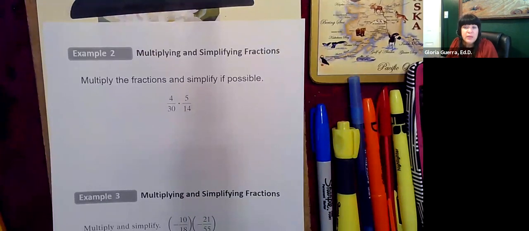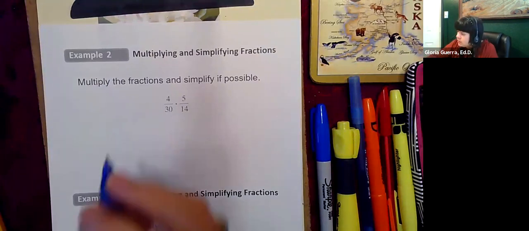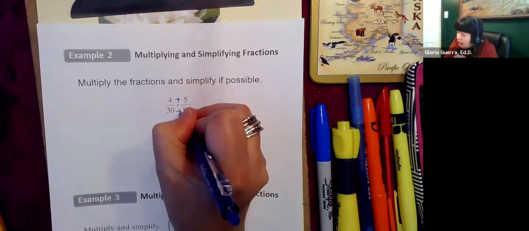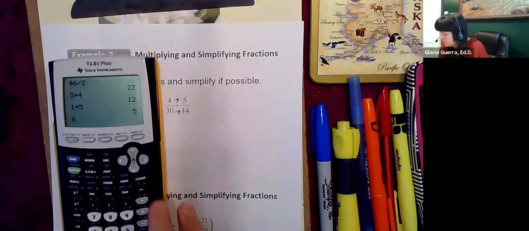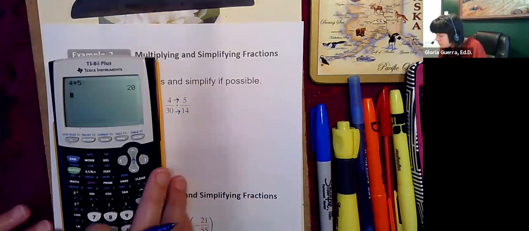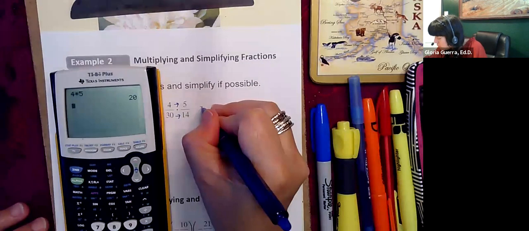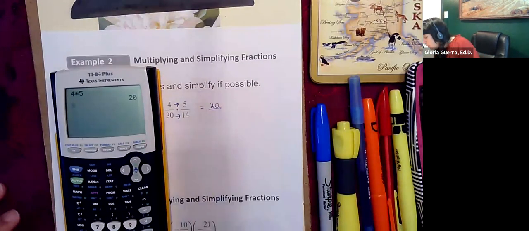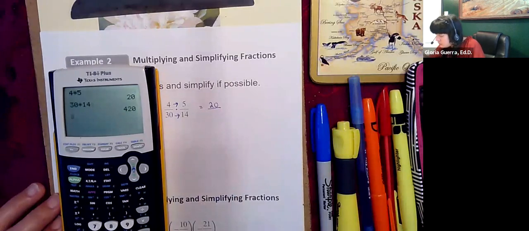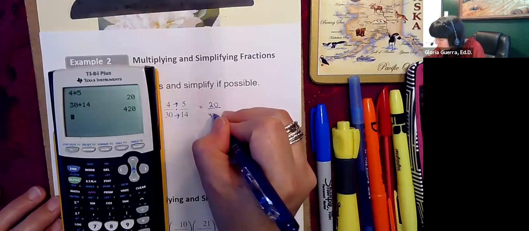Okay, so multiply and simplify fractions. Multiply the fractions and simplify if possible. If I just start by multiplying straight across, 4 times 5 is 20. And 30 times 14 is 420.